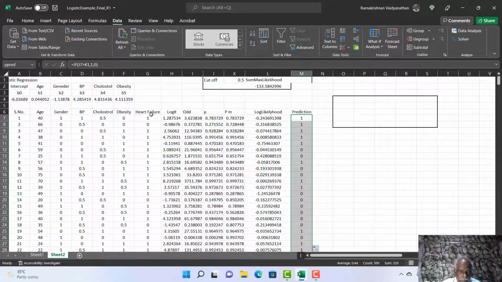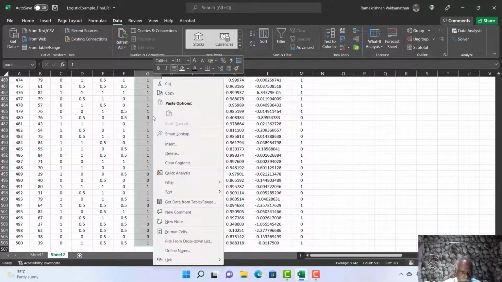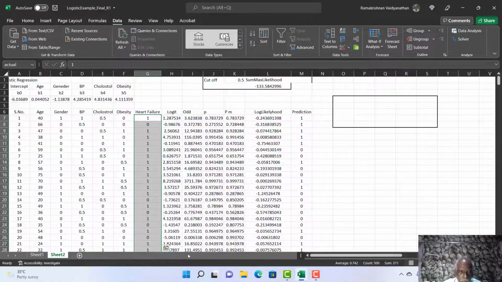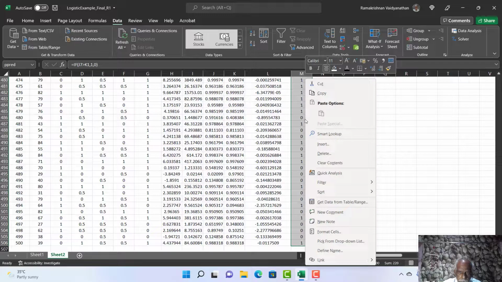Now we have to match this observed value and predicted value. For that I will press Control Shift and define a name as P actual, the actual decision, actual Y. And this prediction I will call prediction only.